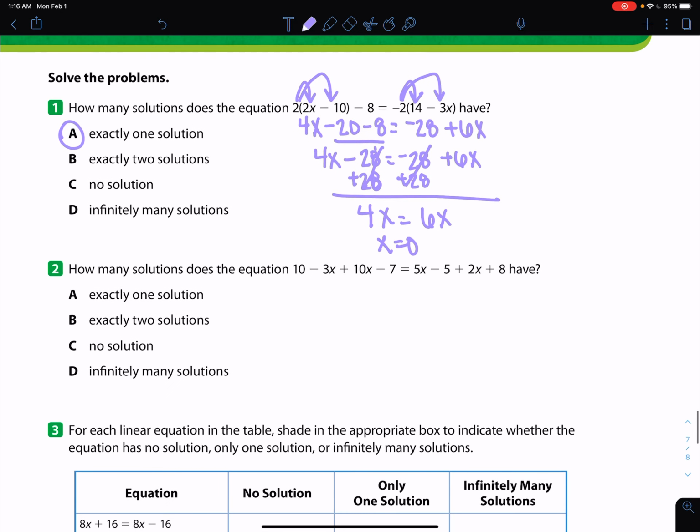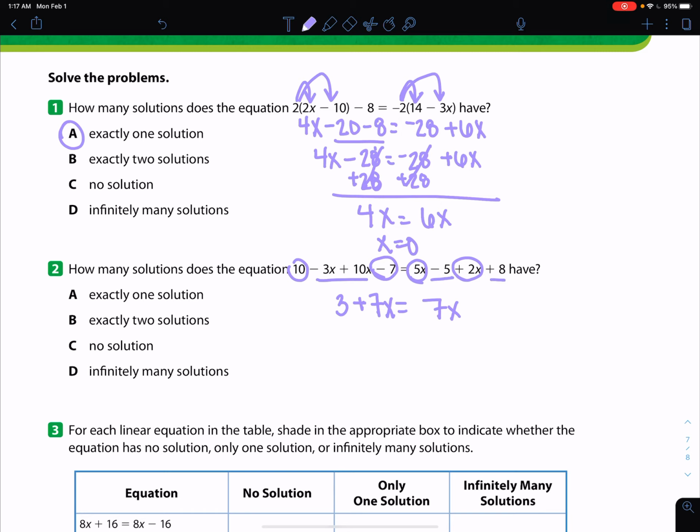Moving on to number 2. How many solutions does this equation have? Same thing, since we can't distribute, we're just going to go ahead and combine like terms. 10 minus 7 is 3. Negative 3x plus 10x is 7x. All right. 5x plus 2x is 7x.